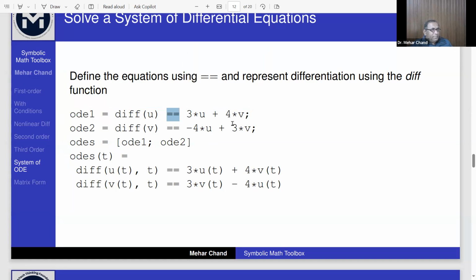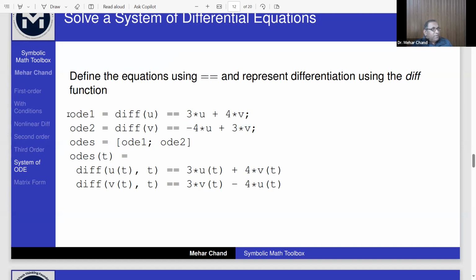This is the logical operator, and on the right hand side we have 3u plus 4v. Then this is the second differential equation: the left hand side is diff(v, t). The meaning is dv upon dt is equal to minus 4u plus 3v.